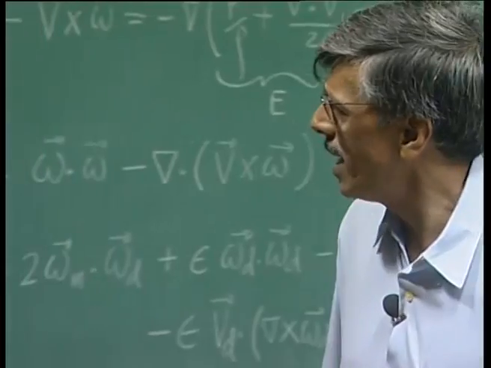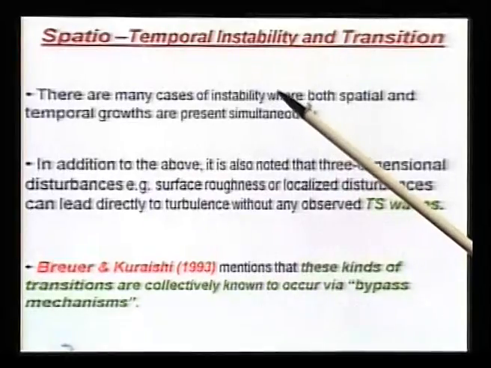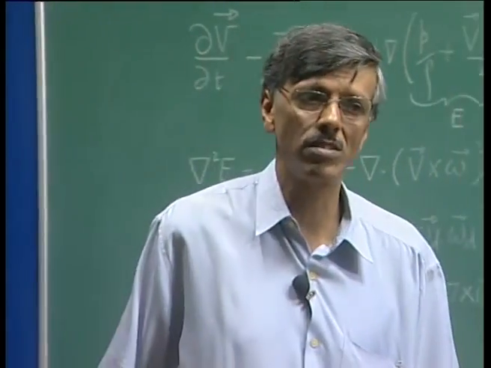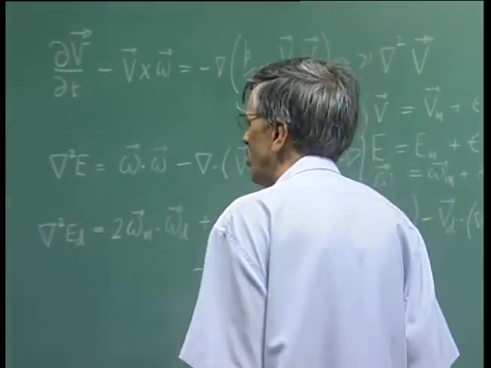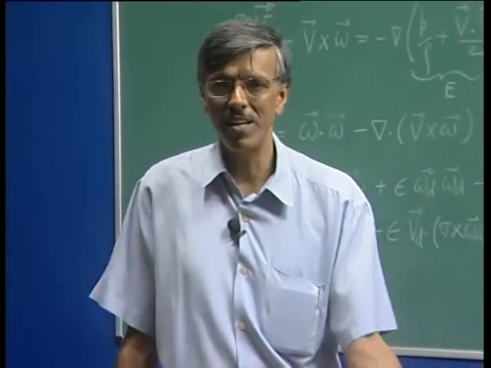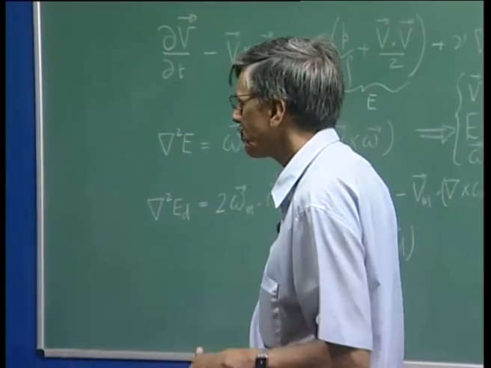So, you see, basically in fluid flow we will come across instances where the disturbances are growing both in space and time. So, it is quite natural that we will have to abandon those strictly spatial or strictly temporal analyses.